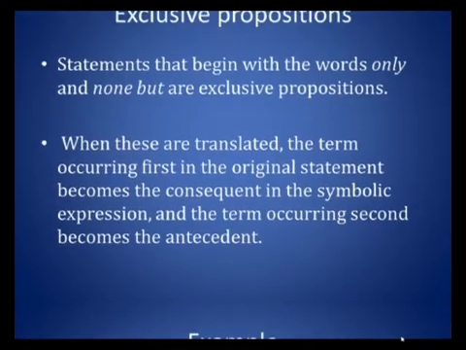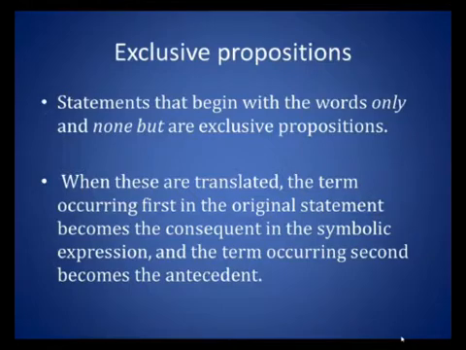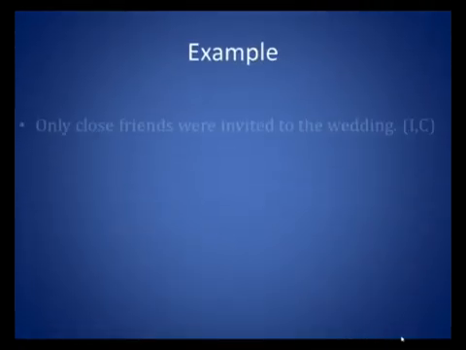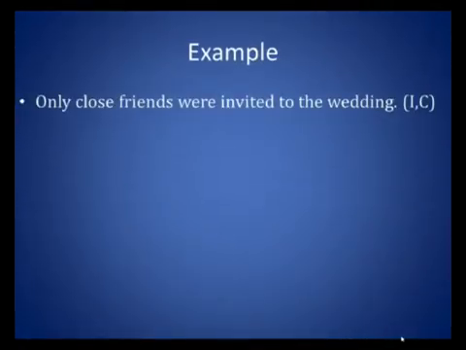Let's step back for a second. Remember, when these are translated, the term occurring first in the original statement becomes the consequent in the symbolic expression, and the term occurring second becomes the antecedent. So when we look at this example, we see that the term that occurs first is close friends, and that invited to the wedding occurs second.